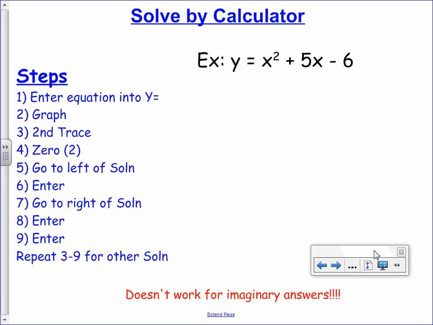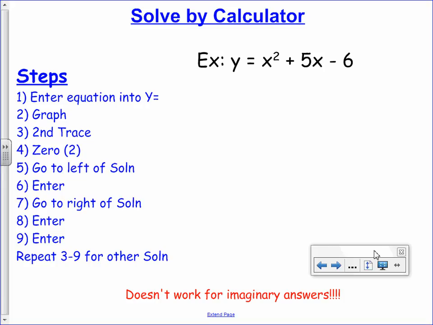Basically, you type this into your calculator in the y equals, then you hit graph, second trace, 0. If it's a single graph, you're looking for the 0. Then you go to the left solution, enter, right solution, enter, enter, and then find the solution.